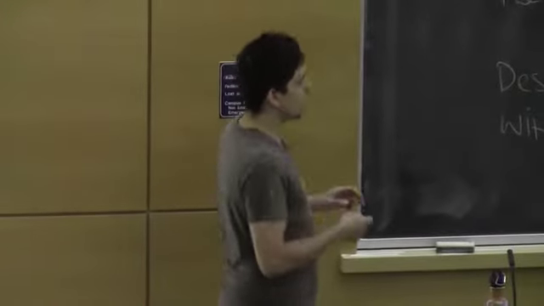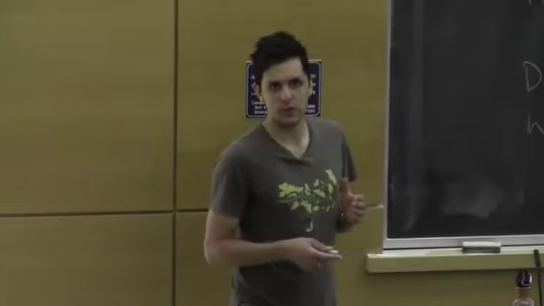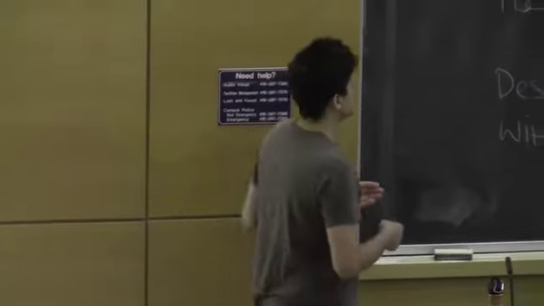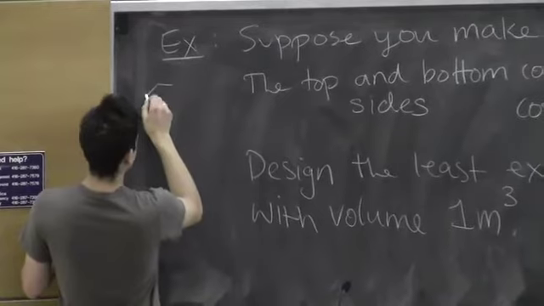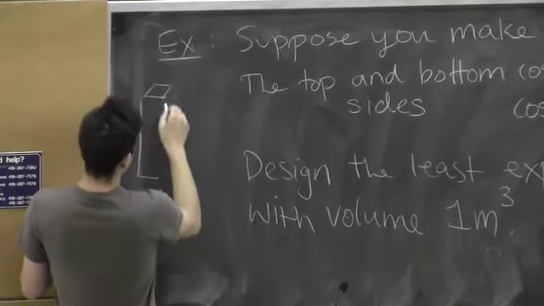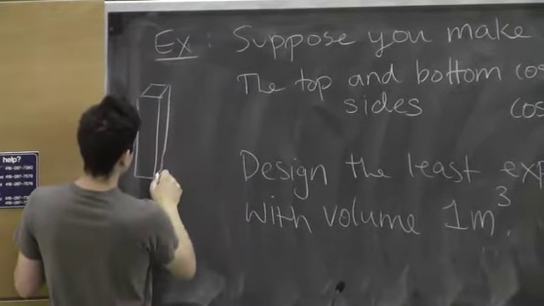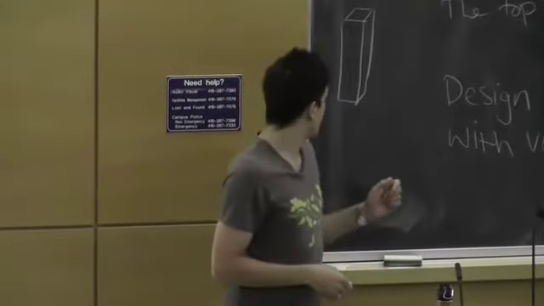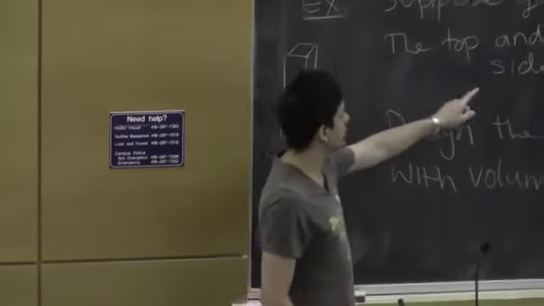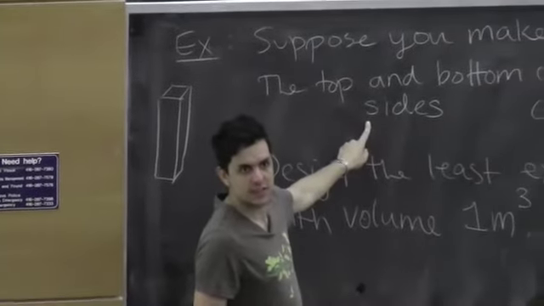When you're setting up these physical optimization questions, I find it very helpful to imagine what kinds of shapes could arise. Okay, so if we made a big thin box like this, that box would have a lot of surface area on the sides.